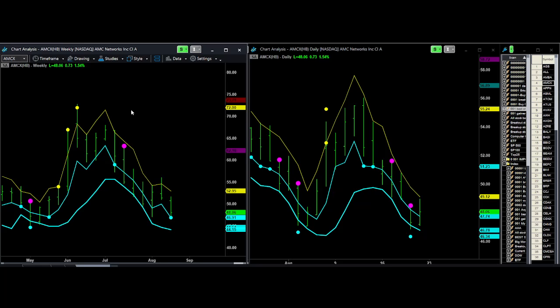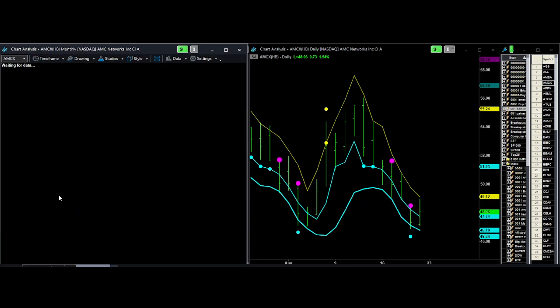But since it's still in the downtrend region, when I buy this kind of stock, I need to pay closer attention to the change in the next day, next week or even next month. That means you probably need to take a closer look and may not need to hold it for a long time. So let's check the monthly chart.